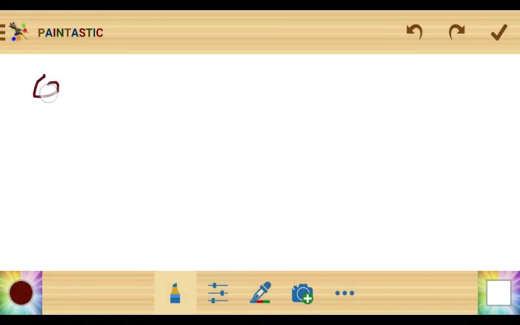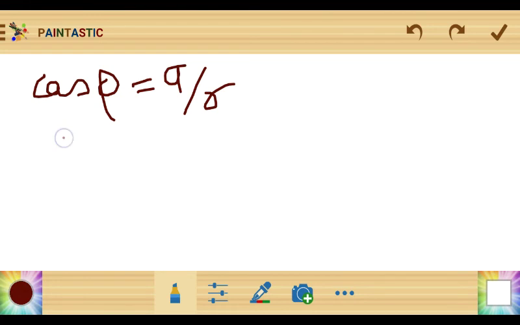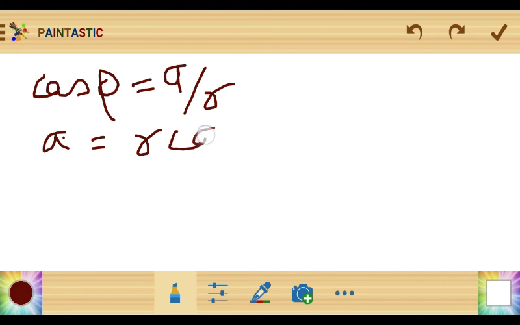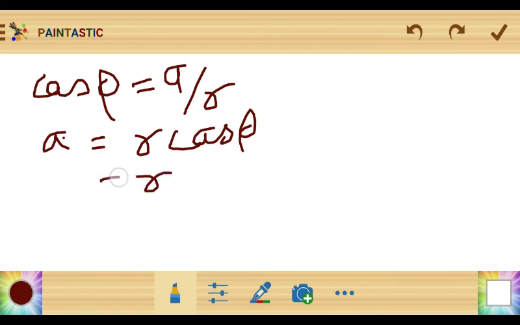So cos phi is equal to a upon r, or simply r is equal to a upon cos phi.